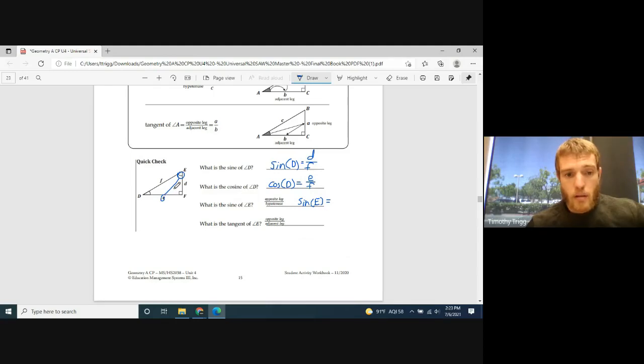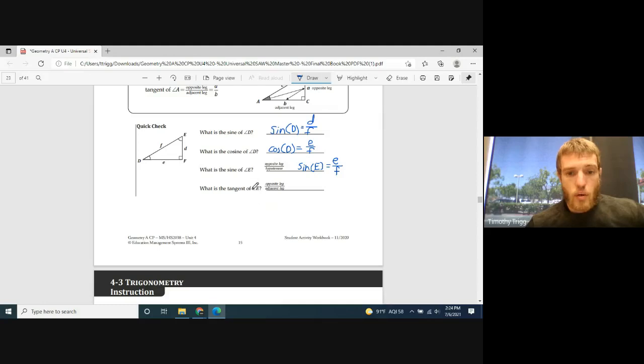See that? Lowercase e over the hypotenuse. So that's F. You may notice that cosine of D is the same as sine of E. That's okay. That's supposed to happen.